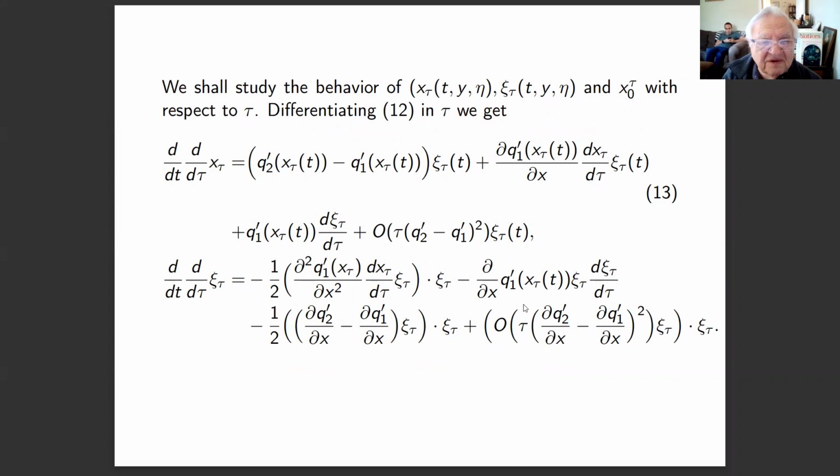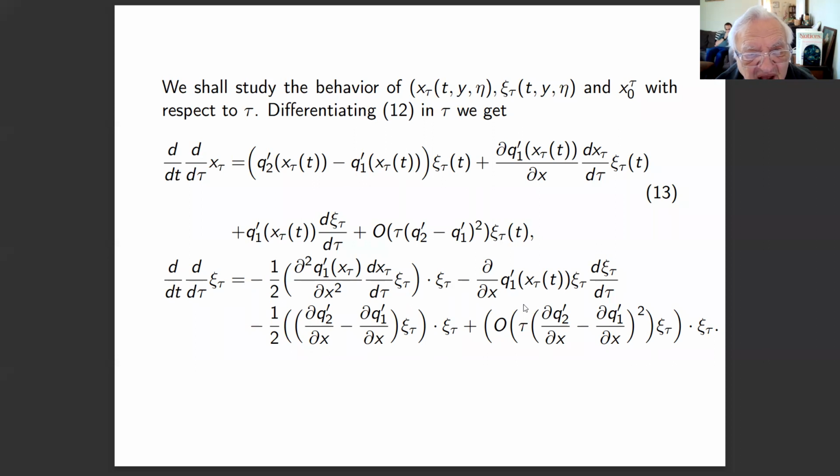We will study the behavior of this equation with respect to tau. So we have two pairs of equations, one for x(tau), xi(tau) and the second for x_0.